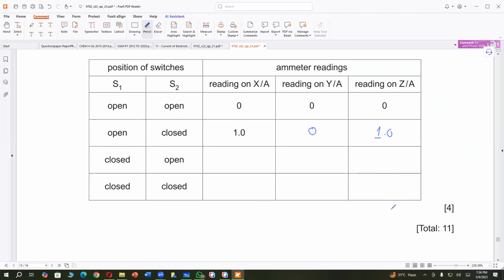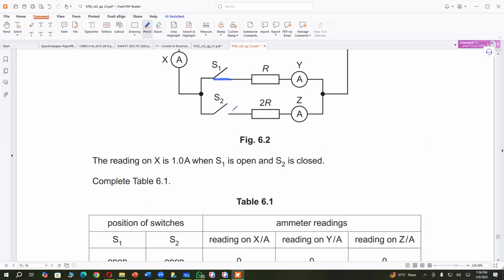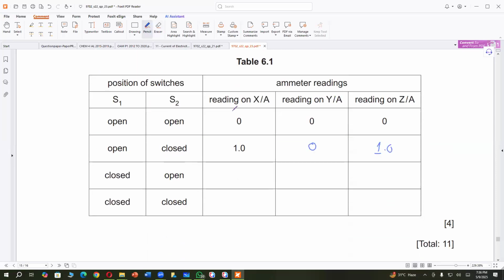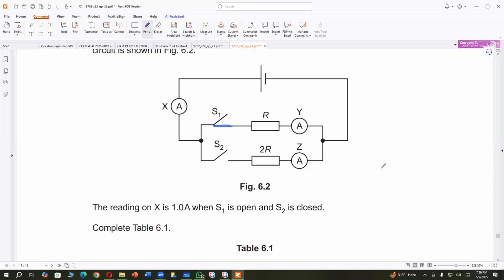Now S1 closed, S2 open. So current will go from the top. It's basically the resistance is half.